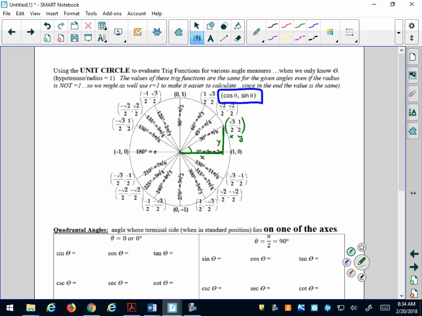If your radius is 1, then when you do sine of this angle, it's opposite over hypotenuse. It's just y over 1. And the cosine is just x over 1. So when you think of these ordered pairs, yes, you could think of them as x, y, but you can also think of them as cosine, sine. You go over cosine, up sine.